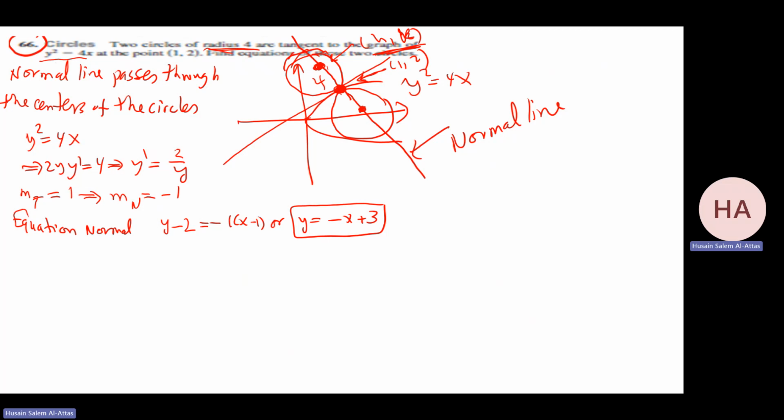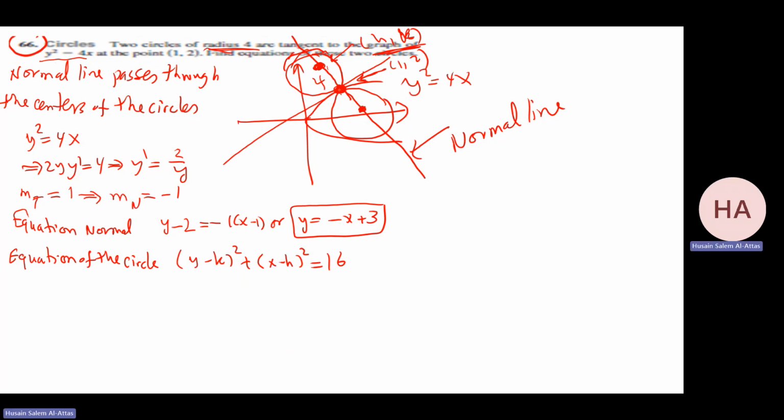So you know the equation of the circle should be (y minus k) squared plus (x minus h) squared equals 16. That will be the equation of the circle.